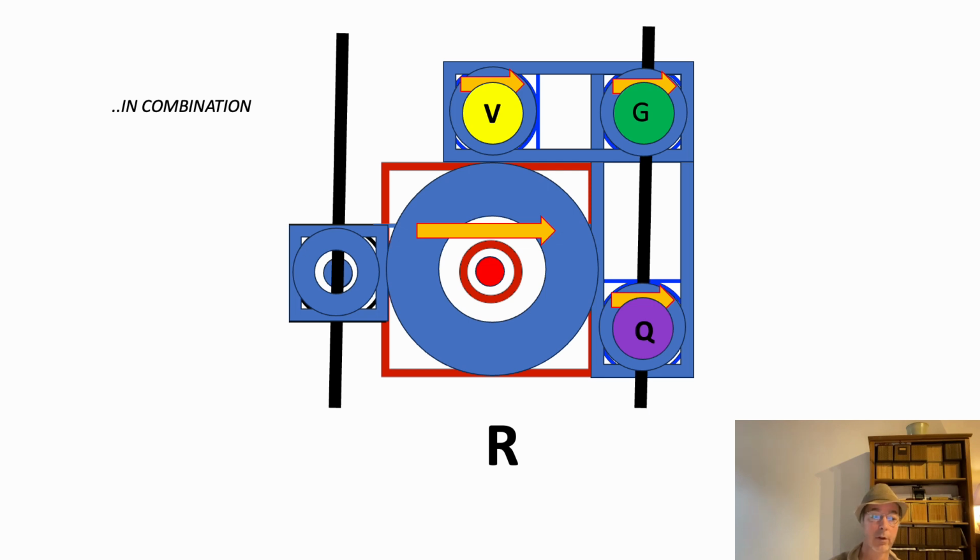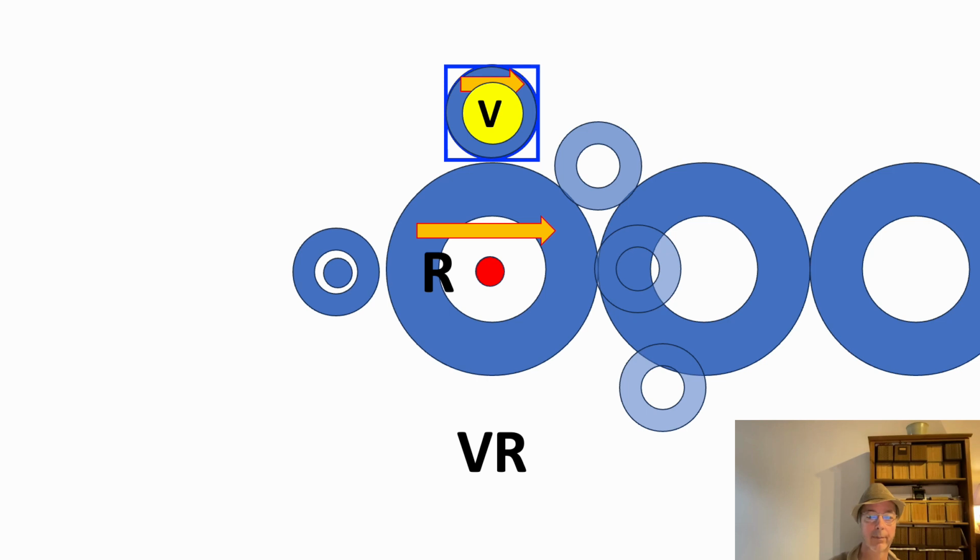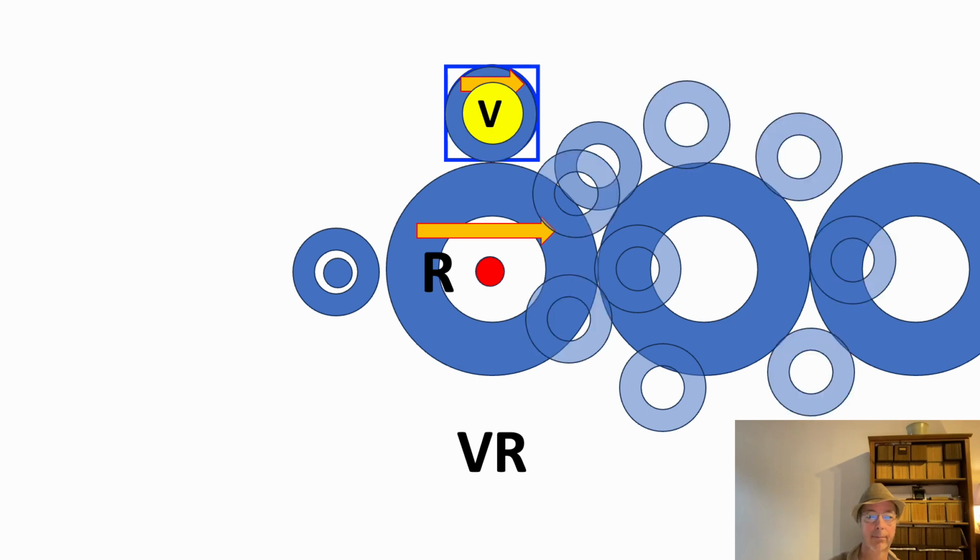It's growing thanks to the R and the volume. So I connect two letters first from this scheme. I had the V on top and the R in the middle. Together they form VR. Can we express this well? Yes, just let them play together. VR.